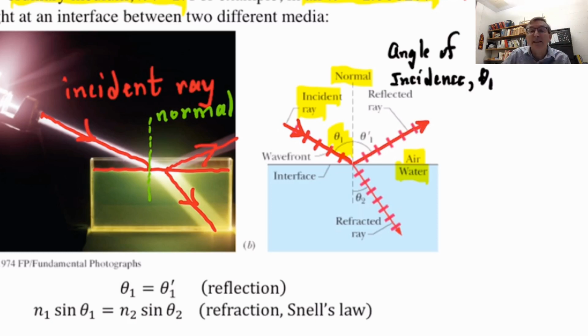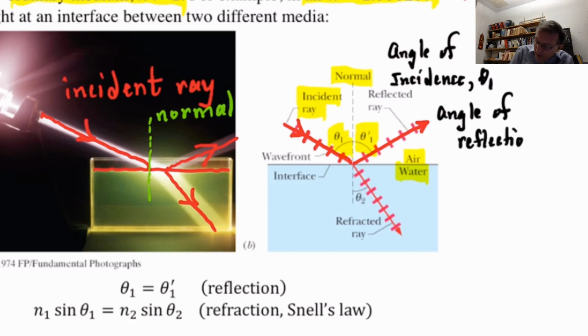And so there's the reflected ray. And you can measure the angle between that ray and the normal. It's labeled there, theta 1 prime. That's called the angle of reflection. Look carefully, it's labeled theta 1 prime.